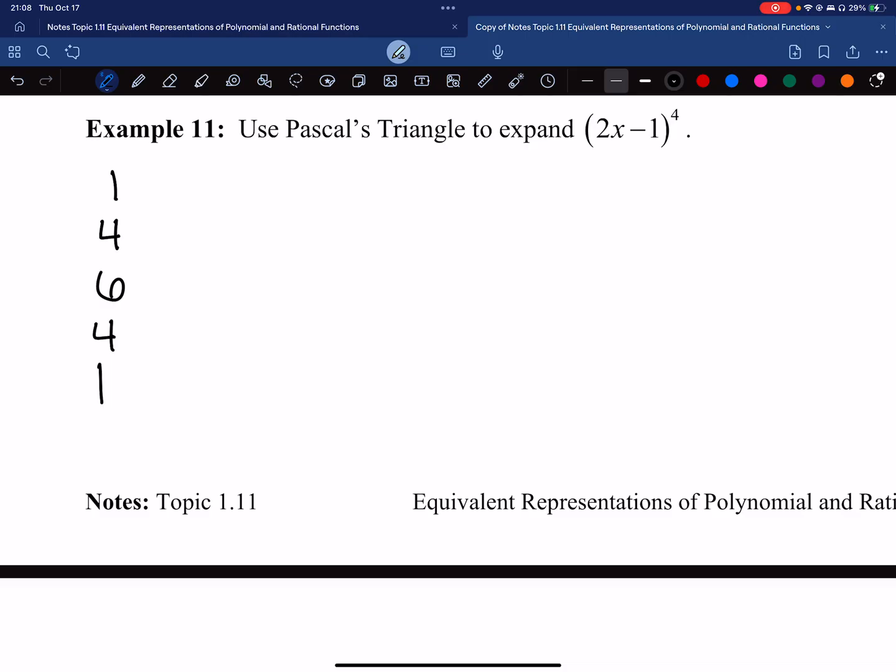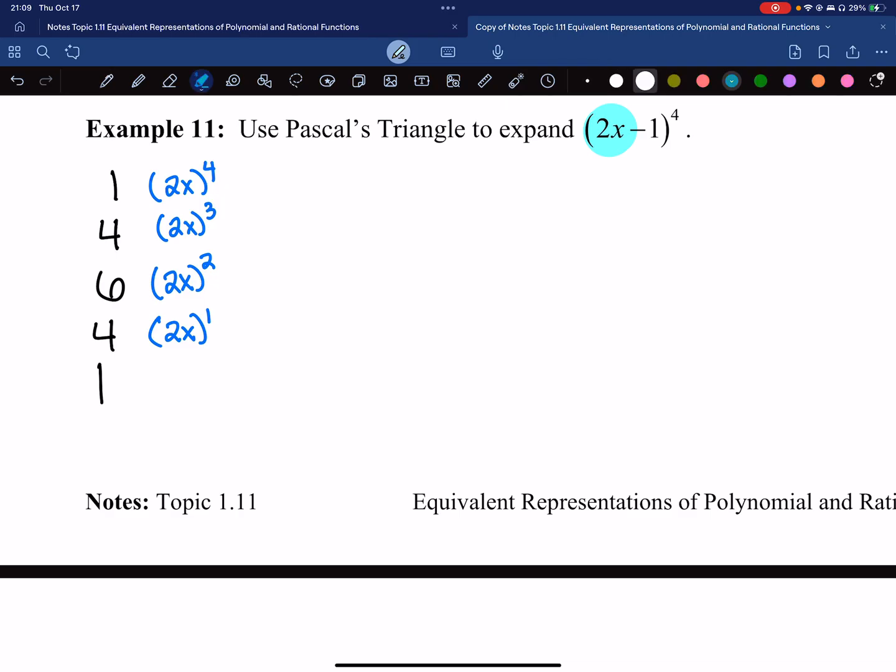We take the first term, which is now a 2x, and we start with an exponent of 4: 2x to the 4th power, 2x to the 3rd power, 2x to the 2nd power, 2x to the 1st power, and then no 2x at all.